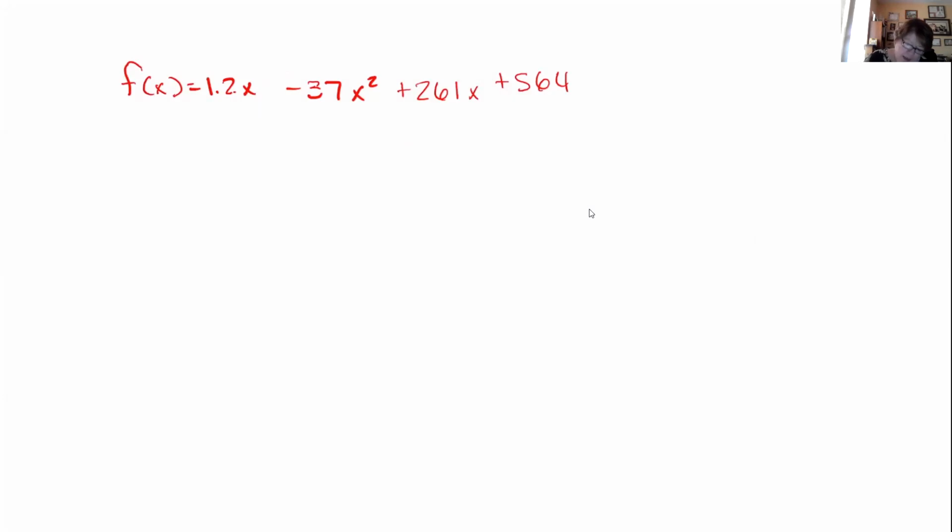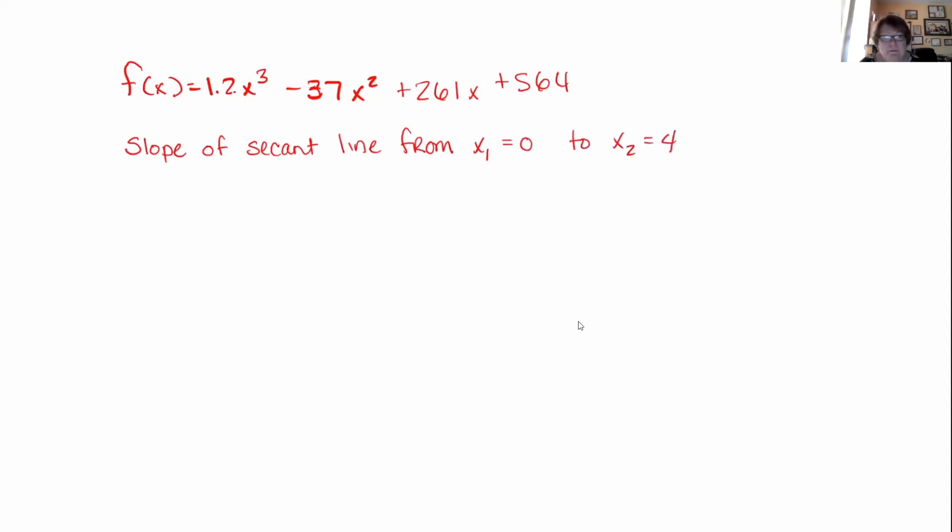So it's 1.2x to the third minus 37x squared plus 261x plus 564. And we want to find the slope of the secant line from x equals 0 to x equals 4. Is that correct?